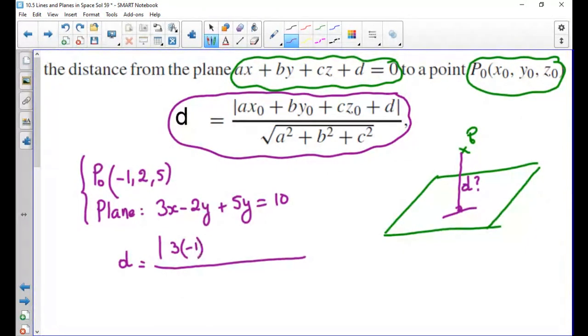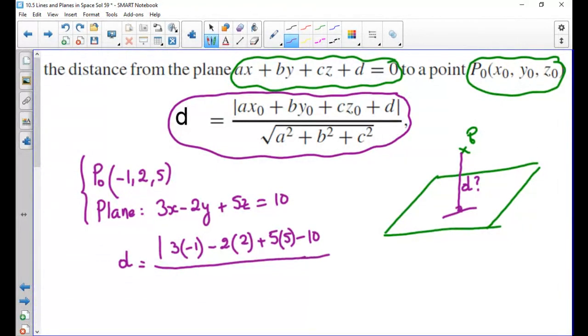So 3 times negative 1, minus 2 times 2, plus 5 times 5, minus 10.